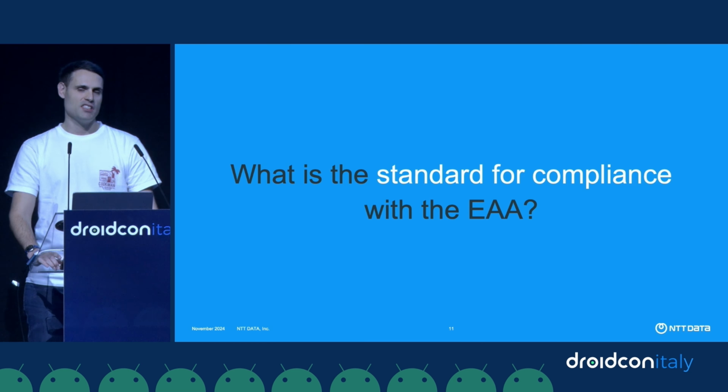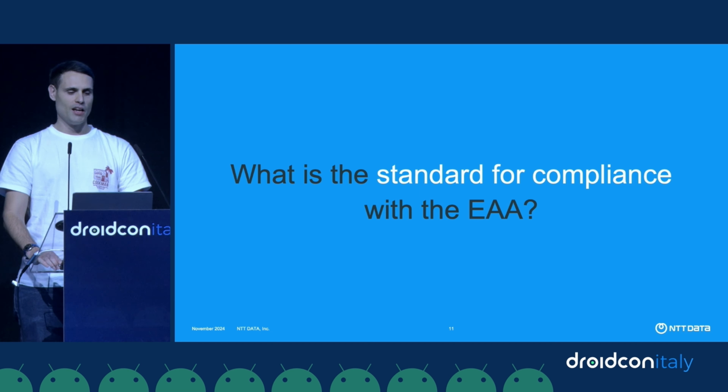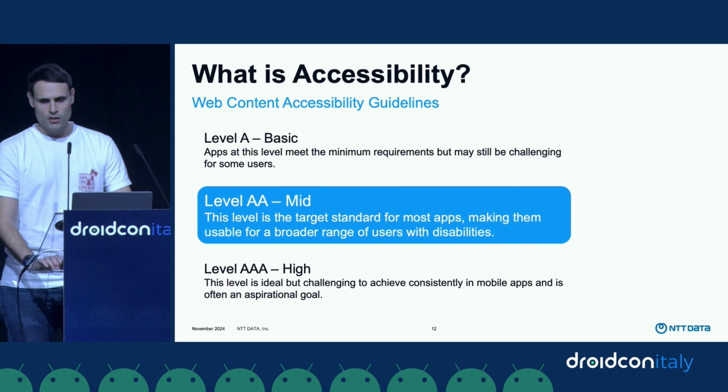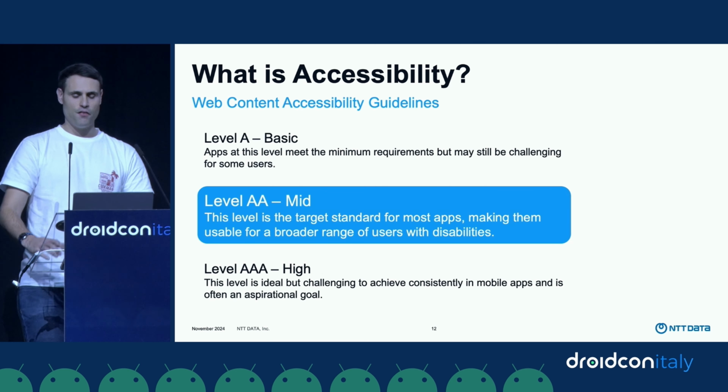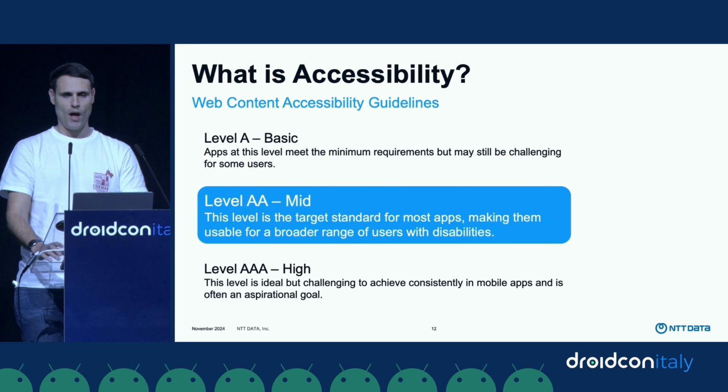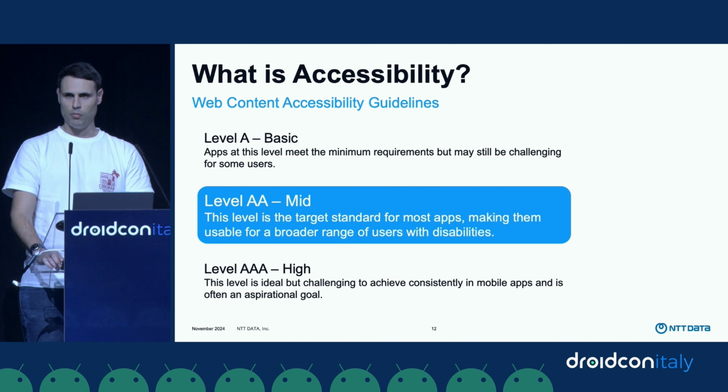Now we have seen why accessibility matters, but what is the standard of compliance with the European Accessibility Act? The European Accessibility Act focuses on meeting the practical needs of people with disabilities, but does not itself provide any specific technical standard or guidelines for accessibility. To do so, there's the WCAG, which stands for Web Content Accessibility Guidelines. With the WCAG, we have 3 levels of compliance.